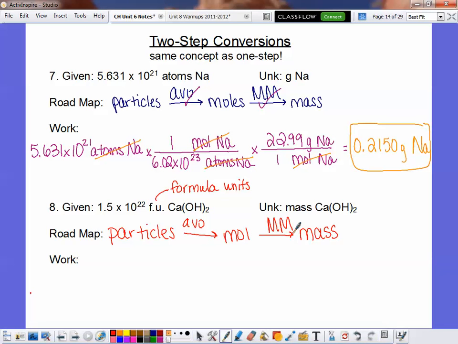Now, what do you notice about this roadmap compared to the last roadmap? Same. It's the same. So the process is going to actually be the same, just your numbers are going to be different. Okay? So why don't you guys work on this, the first pod activity. I want you guys to solve this one the rest of the way. Since it's the exact same process, use number 7 as your template.